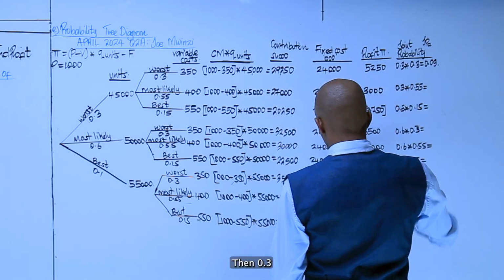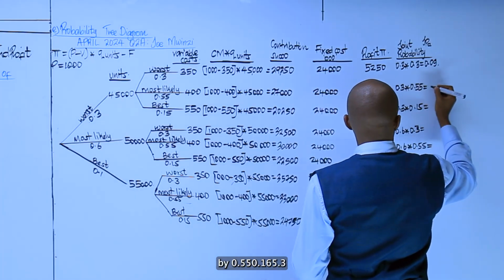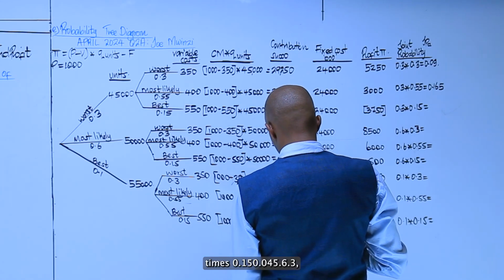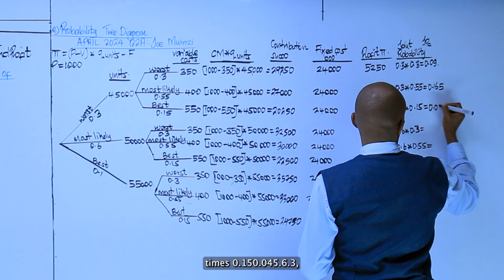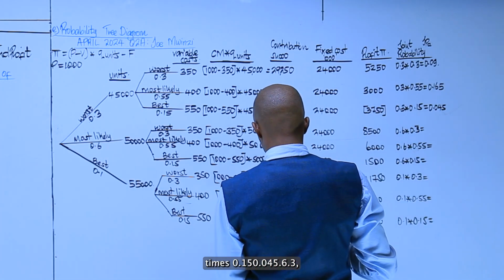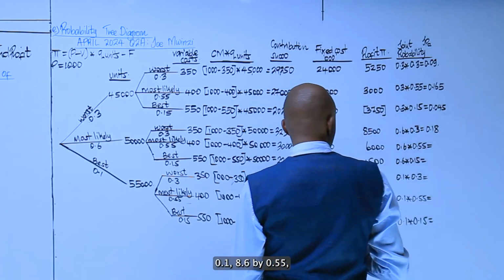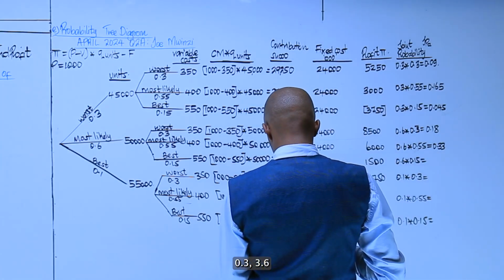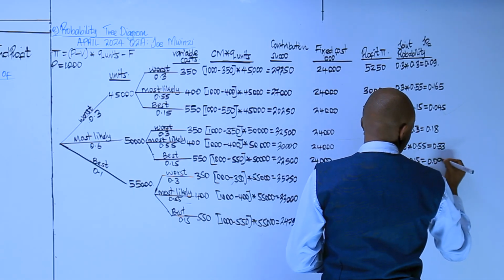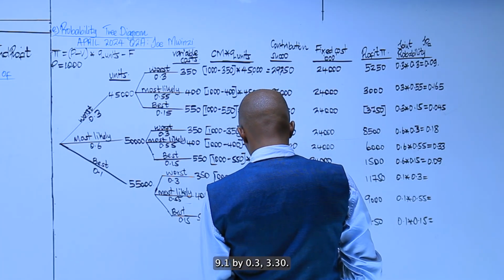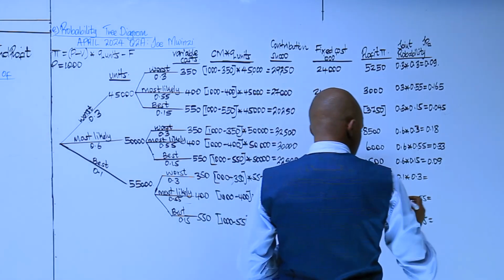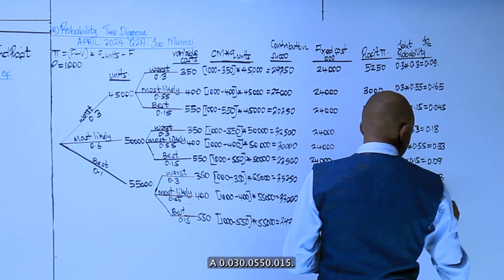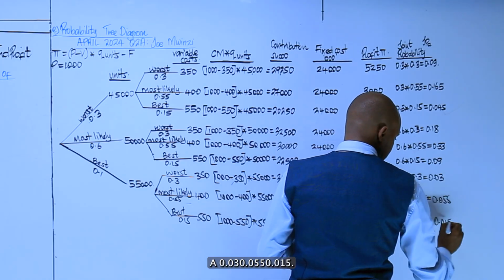Then 0.3 by 0.55 is 0.165. 0.3 times 0.15, 0.045. 0.6 by 0.3, 0.18. 0.6 by 0.55, 0.33. 0.6 by 0.15, 0.09. 0.1 by 0.3, 0.03. 0.1 by 0.55, 0.055. 0.1 by 0.15, 0.015.